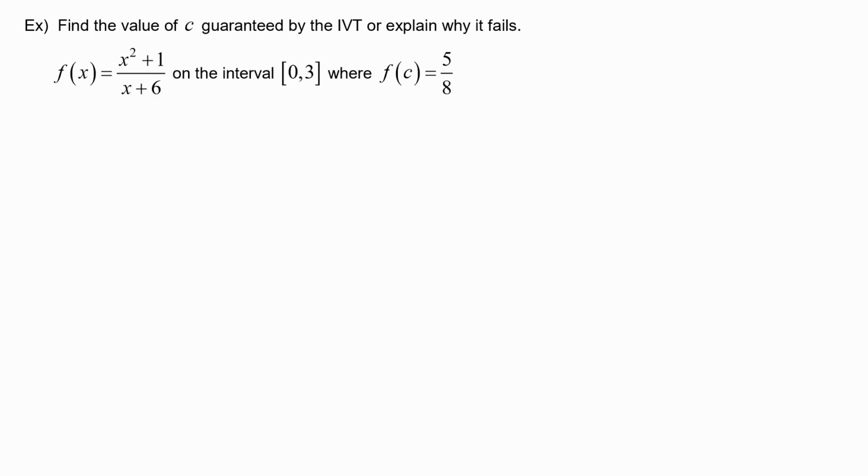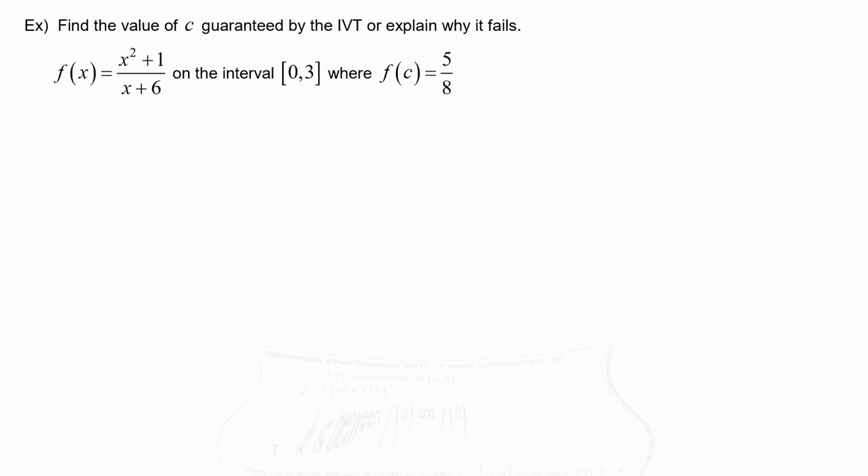In this example, find the value of c guaranteed by the intermediate value theorem, or explain why it fails. We are given f of x is the quantity x squared plus 1 over quantity x plus 6 on the interval from 0 to 3, where f of c is equal to 5/8.